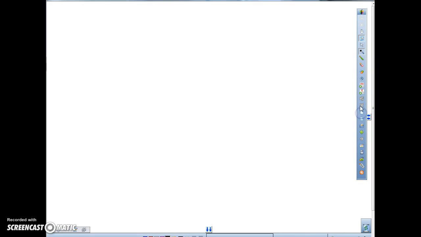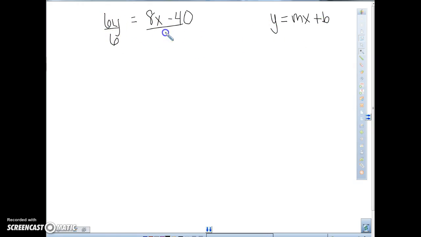So the next thing I want us to do is, given an equation, so 6y equals 8x minus 40, I want you to determine the slope for each equation. To determine slope, you need to put them in slope-intercept form. So you need to get the y by itself. So in this equation, we would just divide by 6. So y is equal to 8/6x minus 40 over 6.